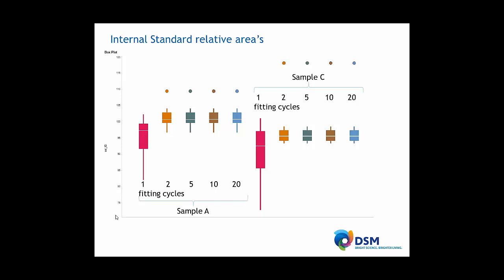So basically what the plot says is the relative internal standard height, the relative height of the internal standard compared to the number of fitting cycles.